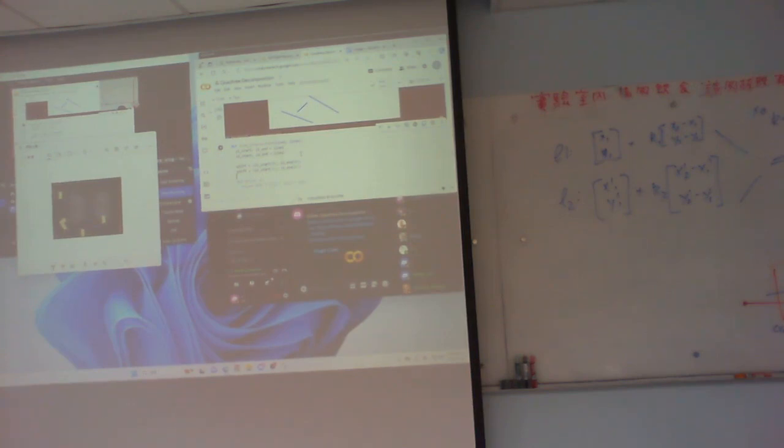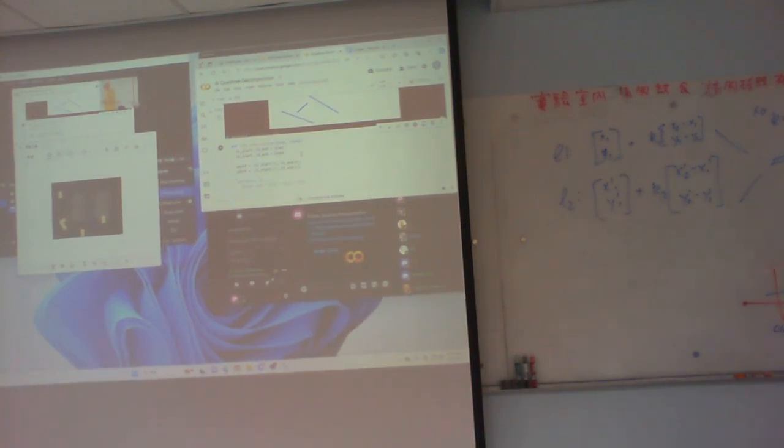Yeah, so for a 2 by 2 matrix, it's easy, right? A, B, C, D. The determinant of this is A times D minus B times C. And then if it's more complicated, if it's a 3 by 3 matrix, then it's even more annoying.